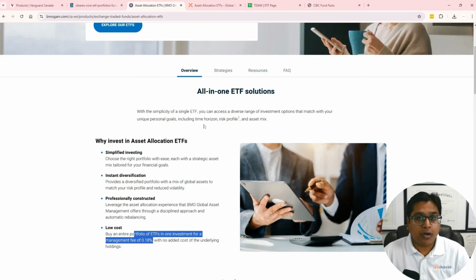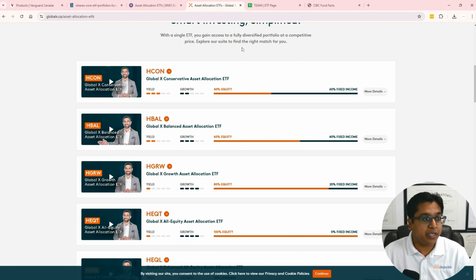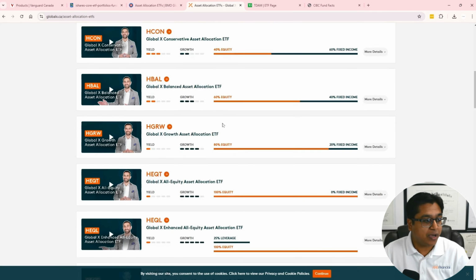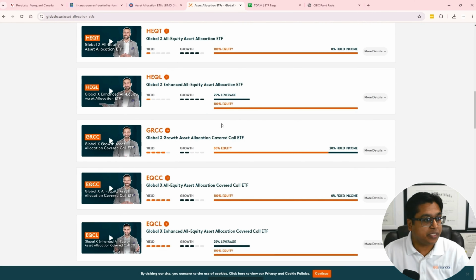The fourth option is from Global X. These ETFs used to be called Horizon ETFs, but Horizon did a rebranding a few years ago, and now they're labeled as Global X. They have 5 different types of ETFs, and they actually have a lot of different types of ETFs which use some derivative products.